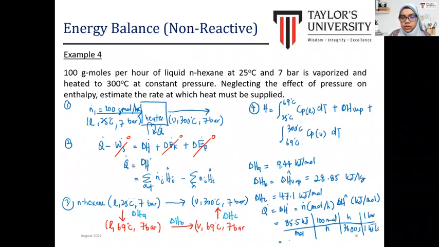So the answer is 2.838 kilowatt. This is your final answer for this question.